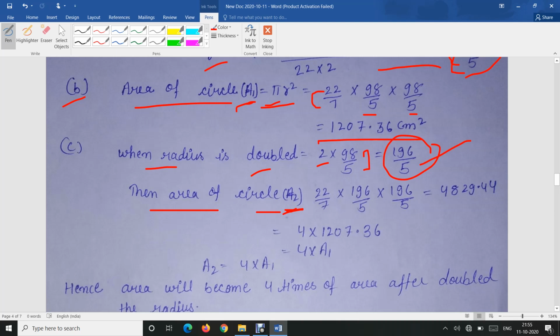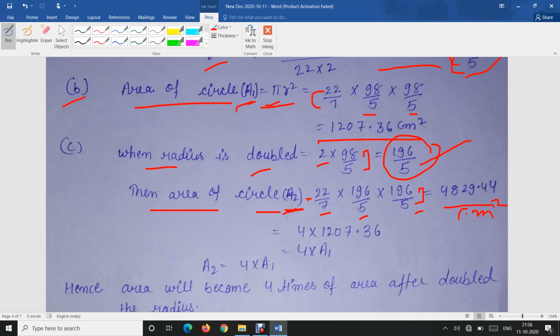So you have to just apply the same formula, which is pi r square. So 22/7 multiplied by 196 upon 5 multiplied by 196 upon 5. On solving that, you get 4829.44 centimeter square.